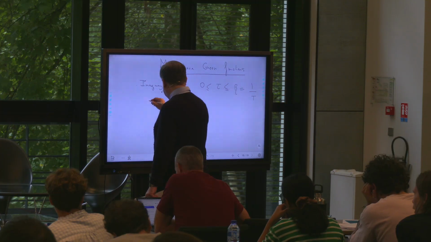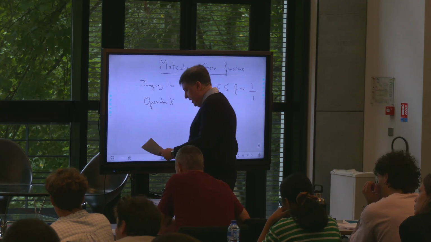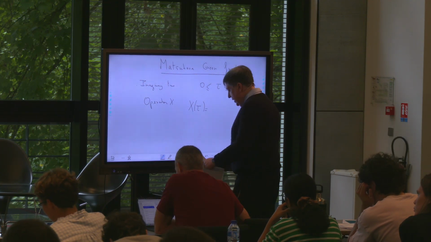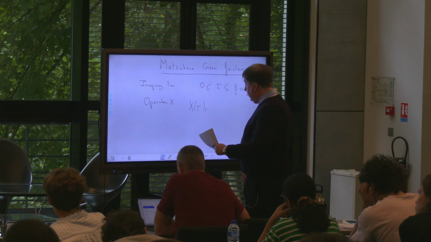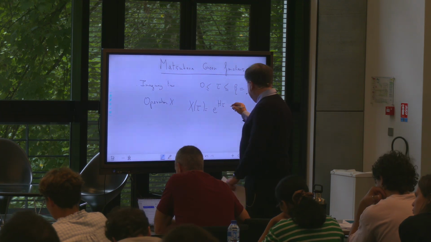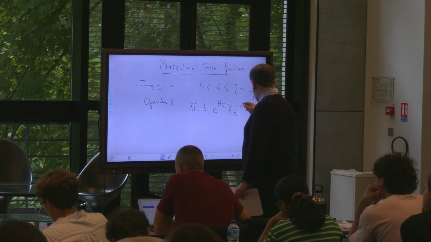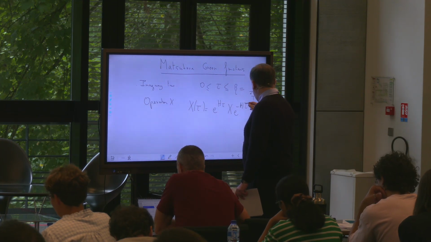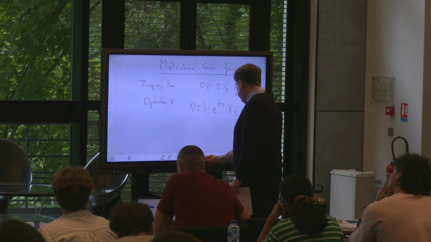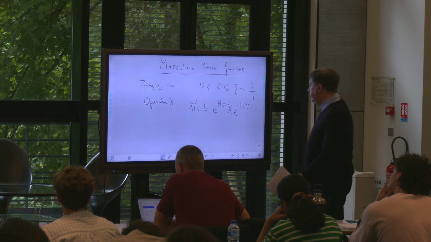For any operator x, we are going to look at the time evolution x of tau, which is e to the H tau times x times e to the minus H tau.